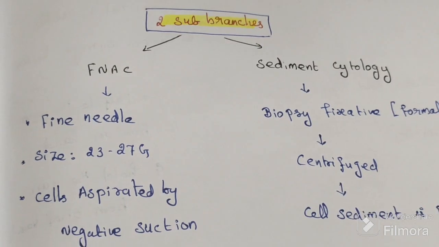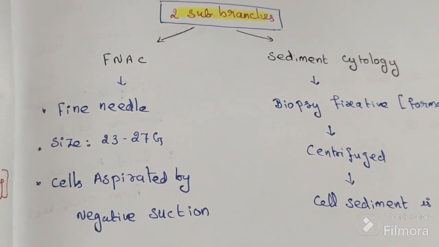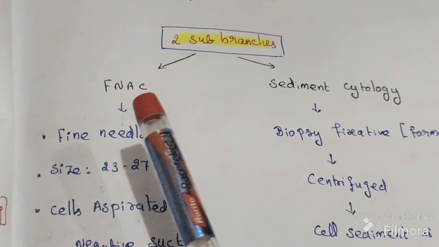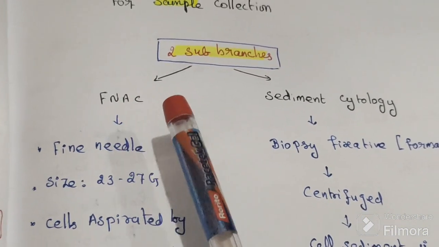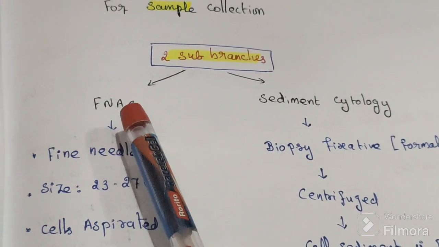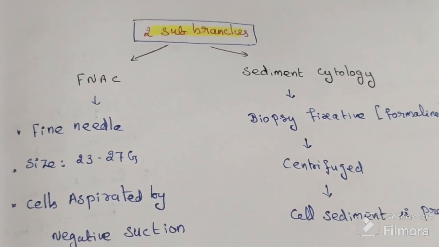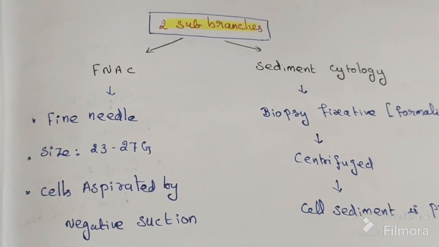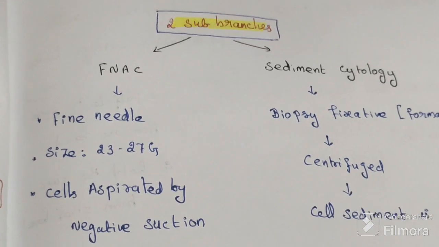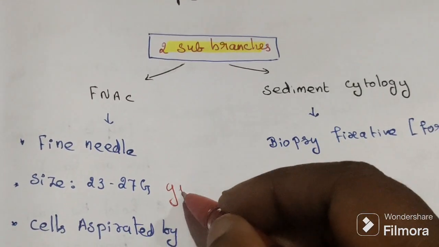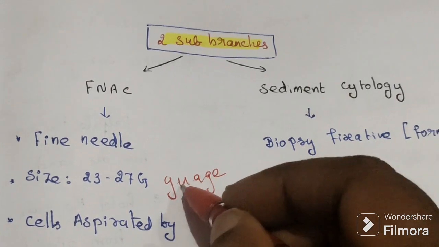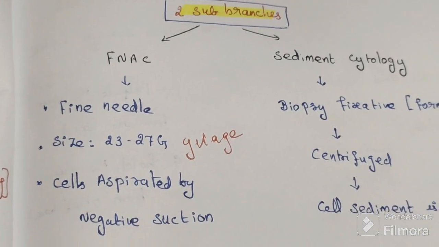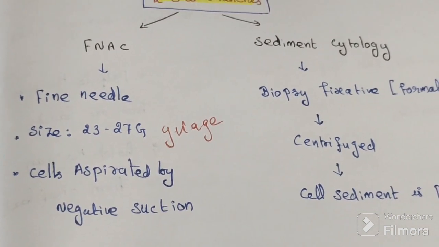You put the needle and insert it into the lymph node and take out the sample, that is called fine needle aspiration cytology, FNAC. What is the size of the needle? 23 to 27 gauge. Then cells are aspirated by negative suction.